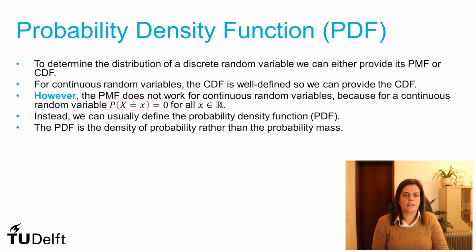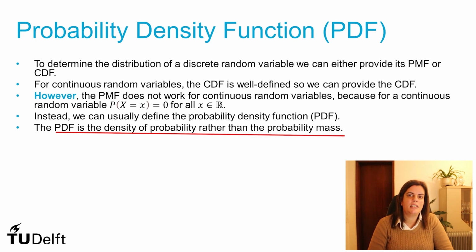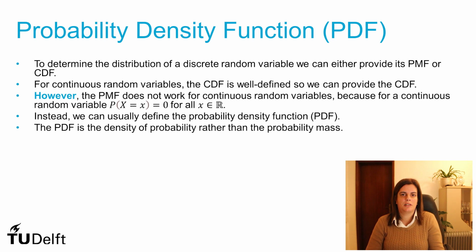Since we cannot calculate the probability of a random variable being a certain value in the range, we have to define an alternative way of describing the probability distribution instead of the probability mass function. So in this case, we typically use the probability density function, and the probability density function has to do with limits.